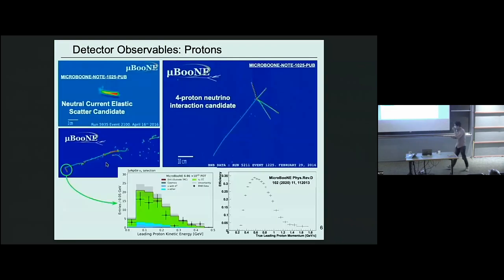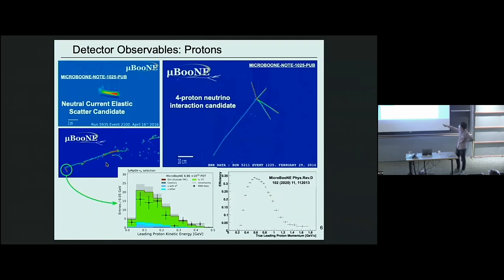A really critical part of making advanced measurements is measuring the protons in these interactions, part of the hadronic system. And here we really are able to excel thanks to the detector technology. Let me first start with the visuals. You see here examples of events with final state protons.